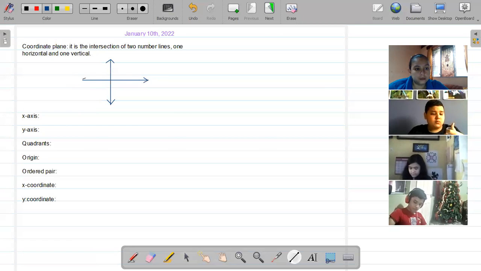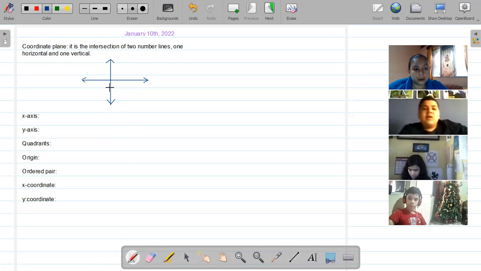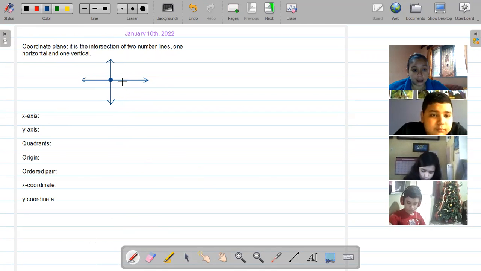Remember, right in the middle of those number lines, we got the number 0. So that means that this point over here that I'm going to graph right now in blue, that point is the point 0. And it is the point 0 for both of the lines, okay?